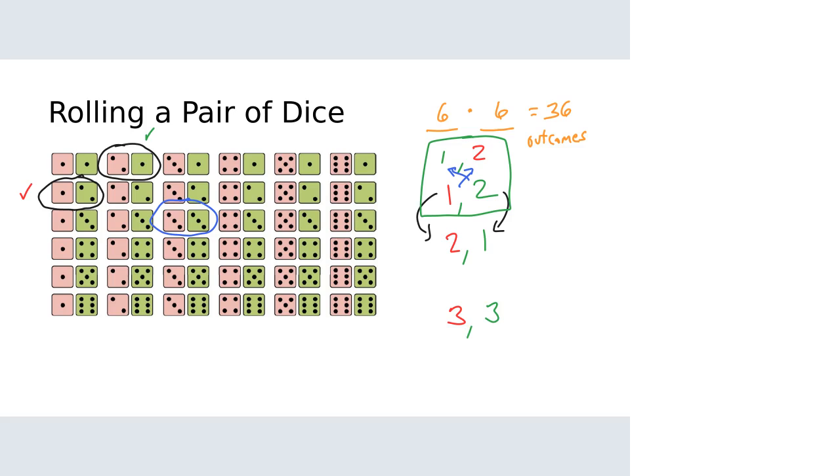If I were to rearrange those and put the green die over here and the red die over here, well, yeah, they've changed positions on the table. I've moved the dice around, but what's on the dice has not changed. These are the same as each other. And so that's why that is only in the chart one time.